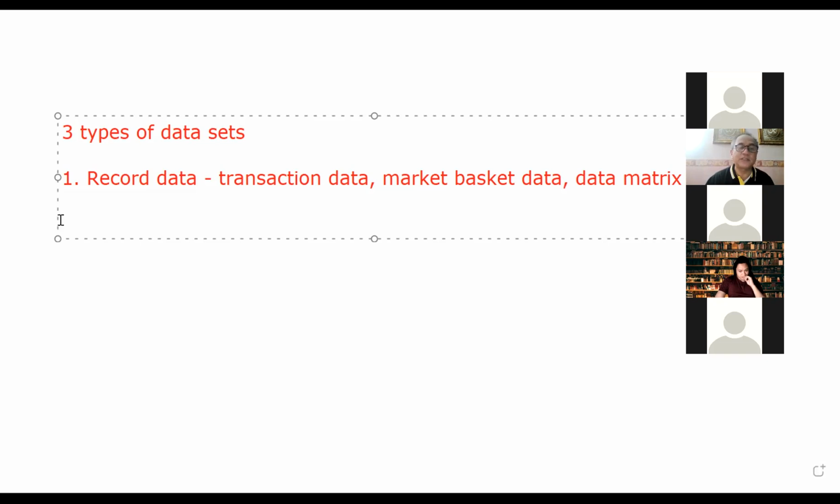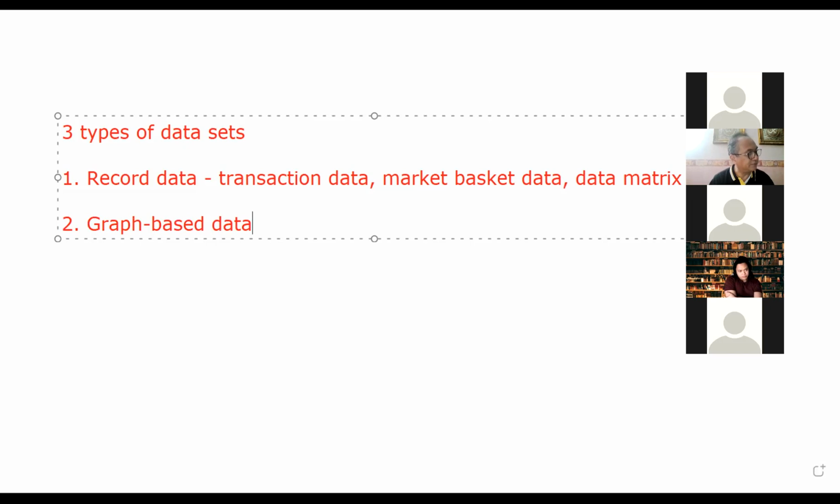You can get this record data from transaction data, market basket data, and so on. That is one data group. The other one is graph data set, graph-based data. The data is based on graph. What data are based on graph?